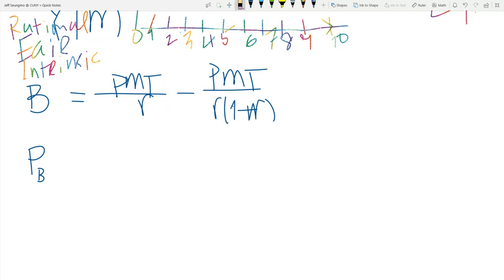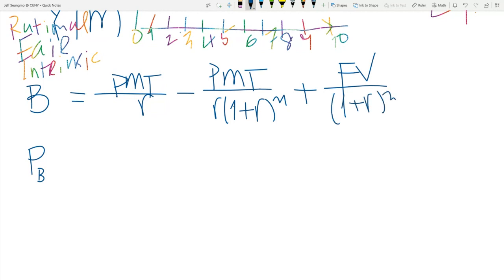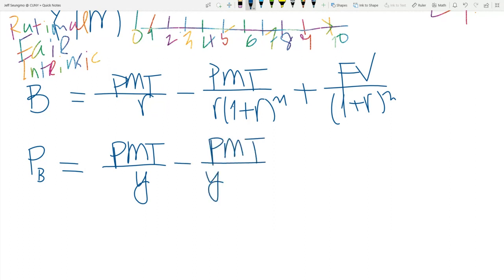My handwriting is so bad. However, for the market price, I would write it like this.